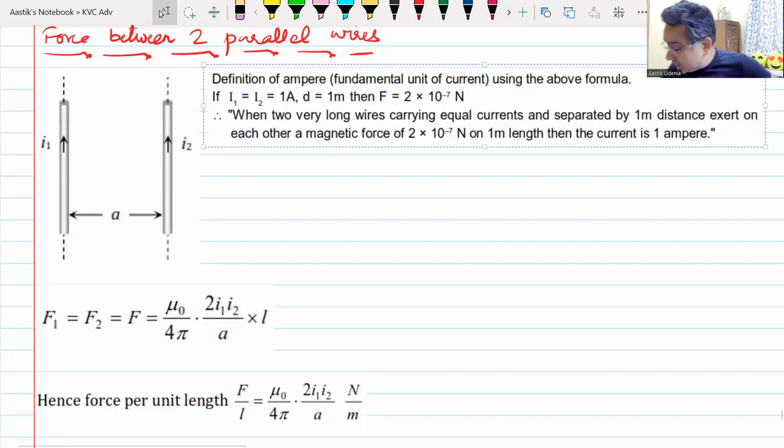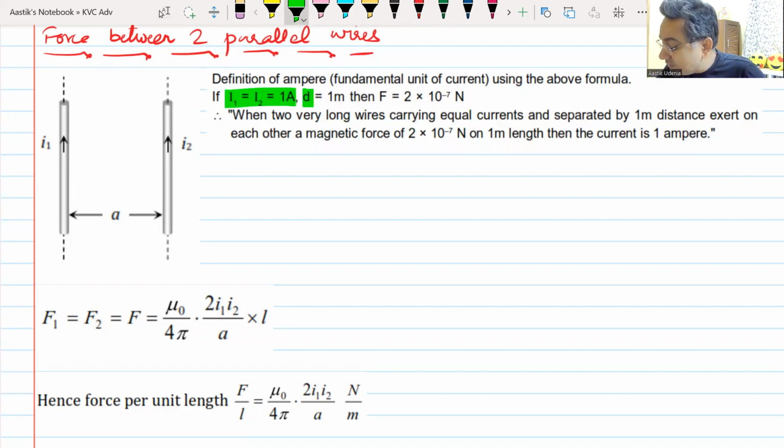If I1 and I2 are replaced by 1 ampere and the distance is made 1 meter, the force will become 2 into 10 raised to the power minus 7 Newton. Yes or no? Yes, sir. That gives us the definition of 1 ampere.